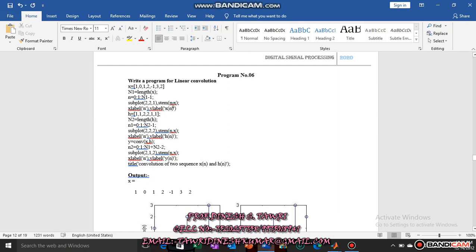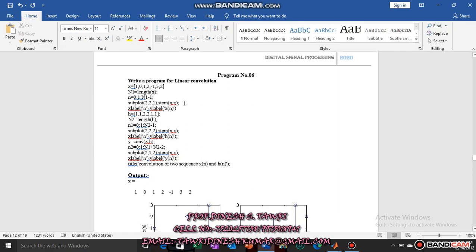Here n is the sample index, which starts from 0 to n1 minus 1, where n1 is the number of samples available in the x sequence.